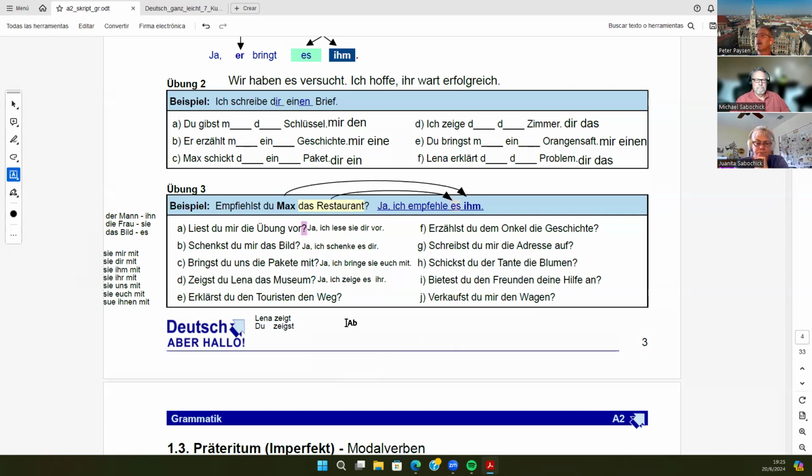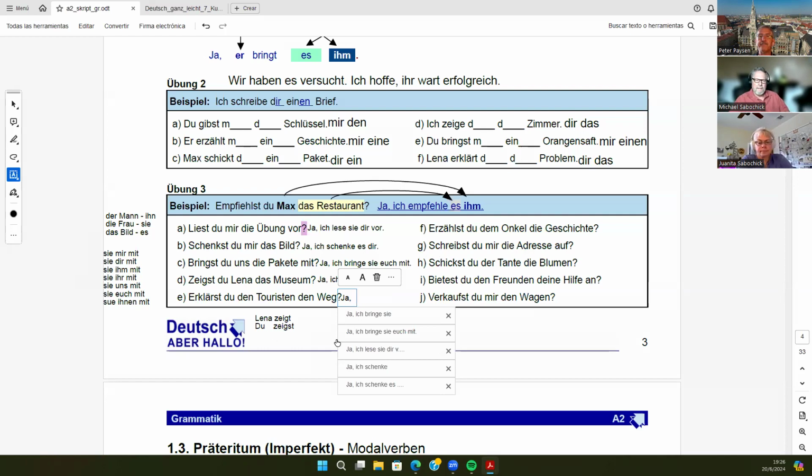All right, the next one is tough. Erklärst du den Touristen den Weg? Den.